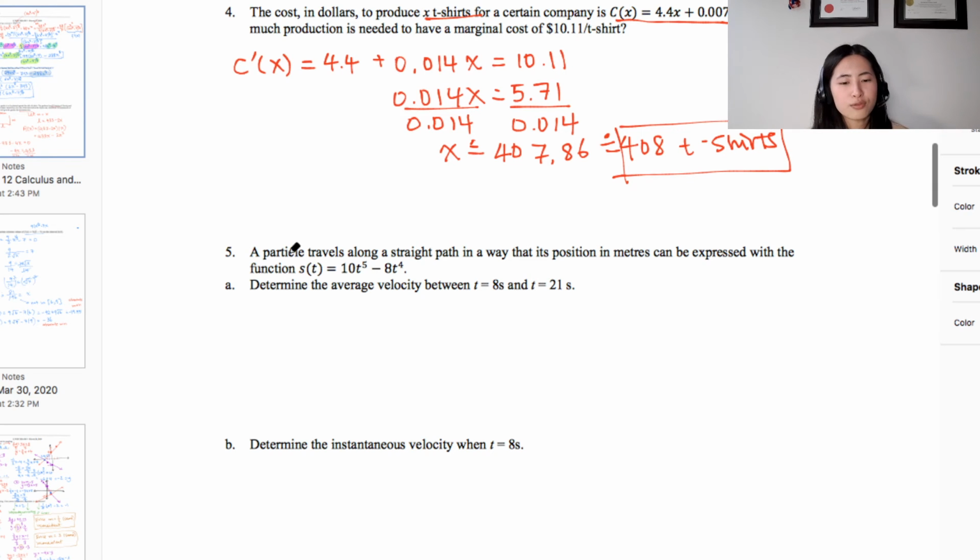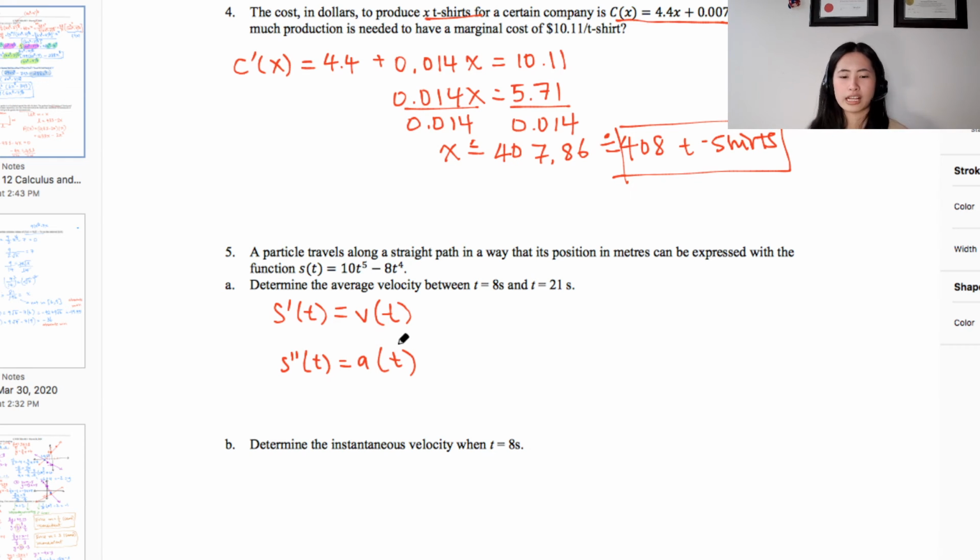And then we're looking at the first derivative of s of t. So the first derivative of s of t is basically your velocity function v of t, right? And if you're taking the second derivative of your function, that's basically acceleration, right?